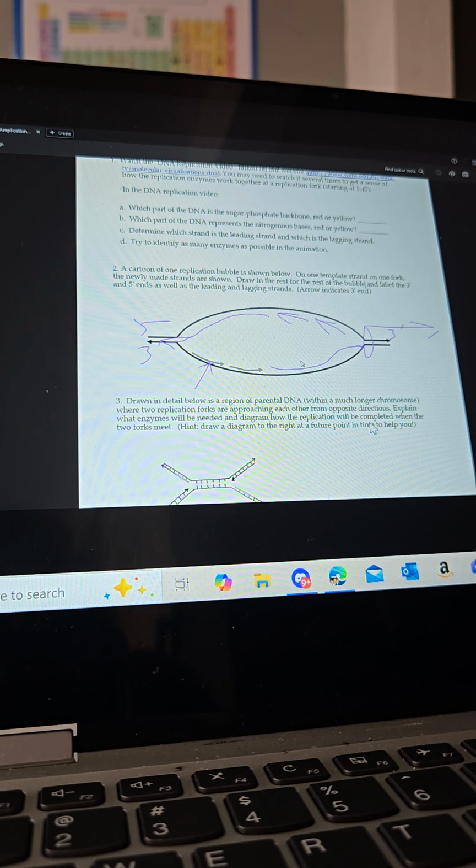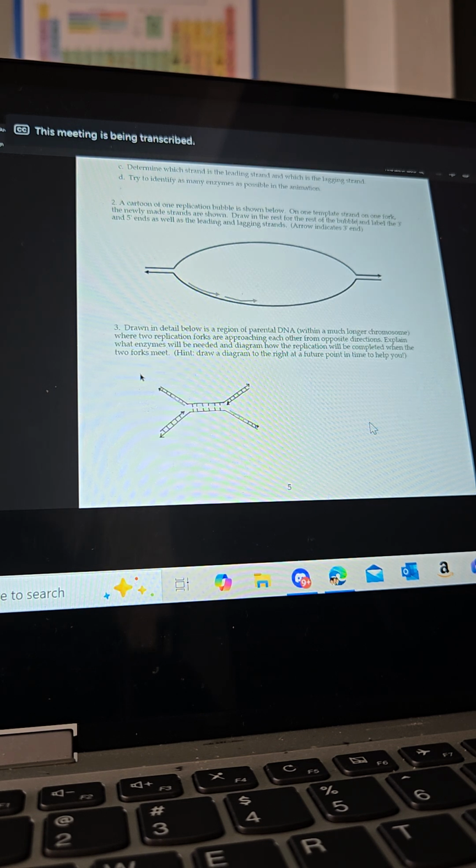The bubbles merge. Excellent. What enzyme merges them? Helicase? Not helicase. Helicase opens things. What merges? Ligase? Ligase. Nice job.